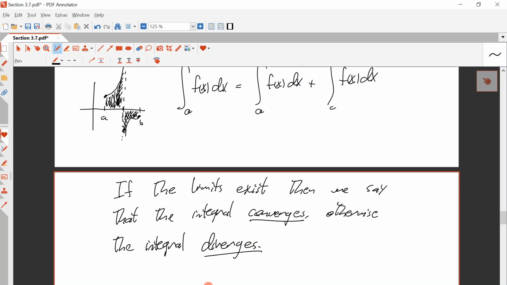Alright, same. If the limits exist, then we say that the integral converges, exists, and is finite.